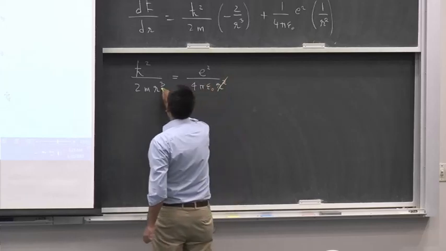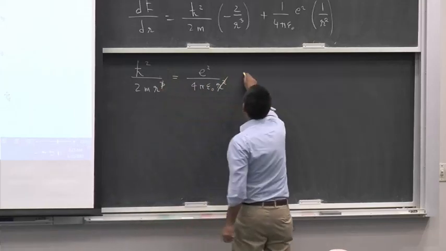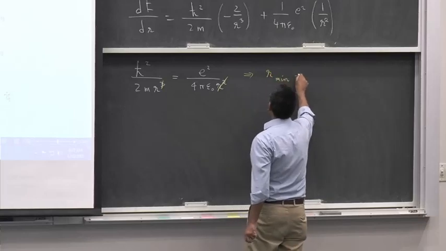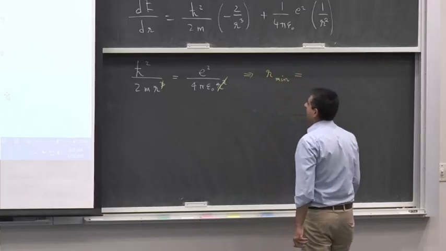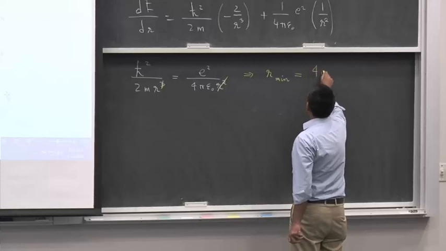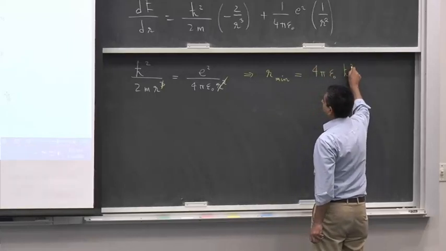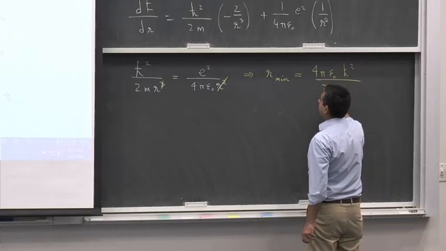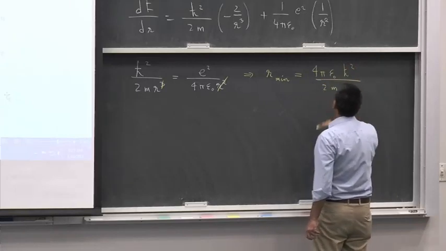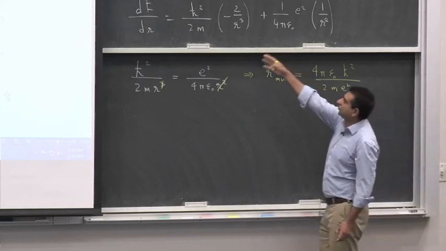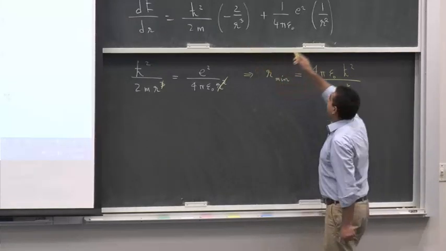So I get rid of one r, and my r, which minimizes the energy, equals 4 pi epsilon naught h bar squared over 2m e squared. It just goes to the other side, becomes positive. I equate this to 0.